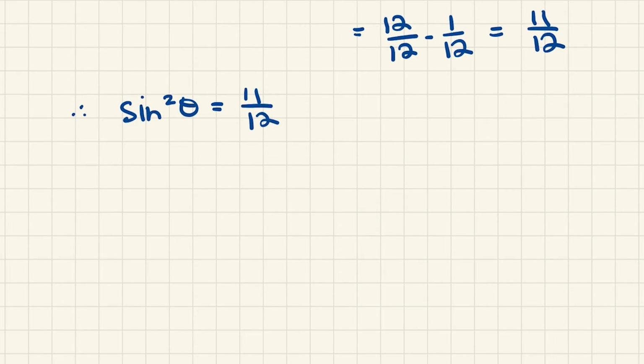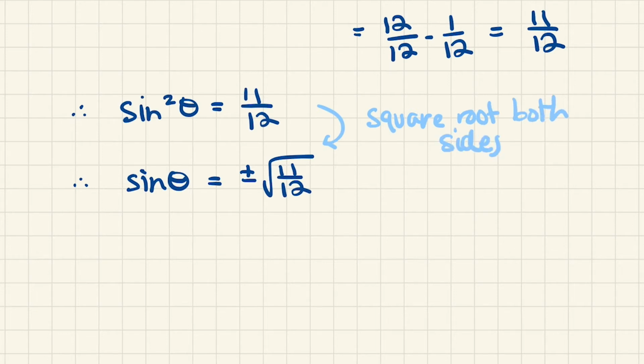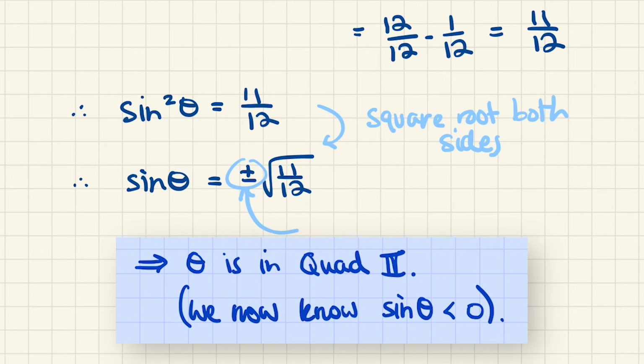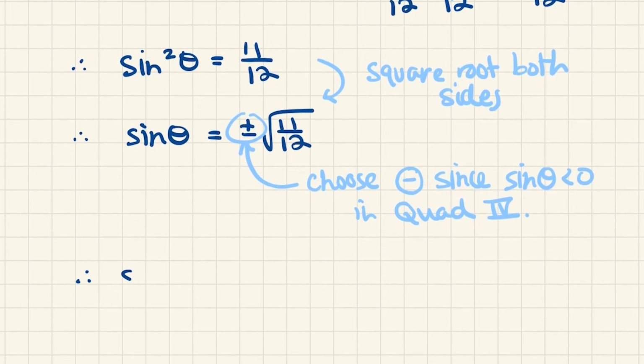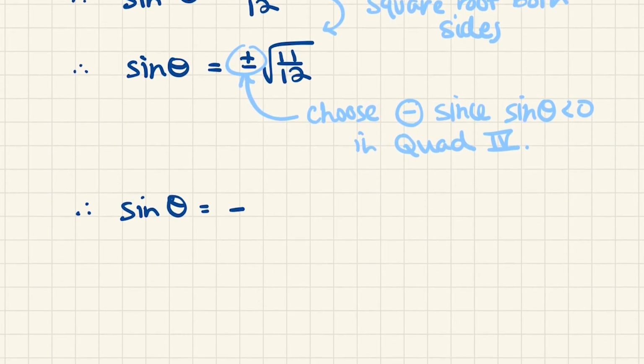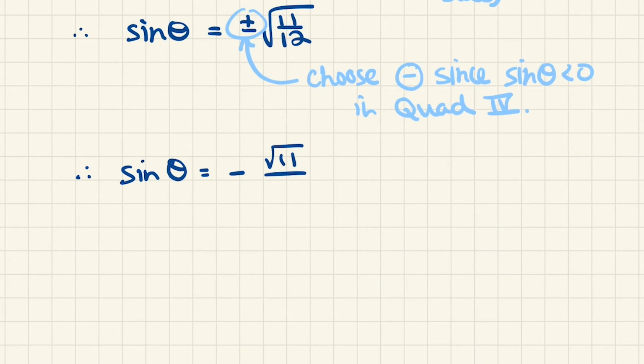So now we just need to take the square root of both sides. And we also can't leave this as a plus or minus. We need to actually decide, but we're going to choose, of course, the negative because we know sine is negative, and that's because we're in quadrant 4. So, okay, well, where are we here? Sine of theta is negative of rad 11 divided by rad 12 by distributing the radical into the fraction.